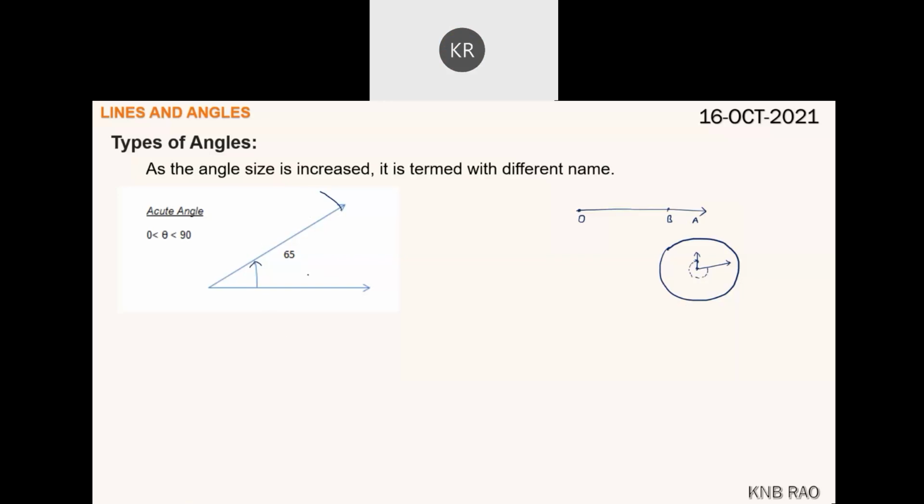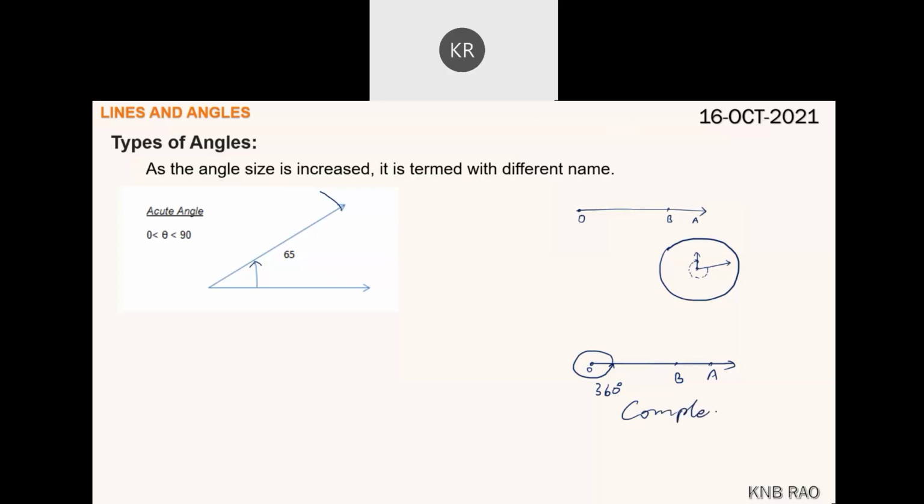One time it has completely rotated and came back here, it has rotated for one full time, which means 360 degrees. We call this a complete angle.